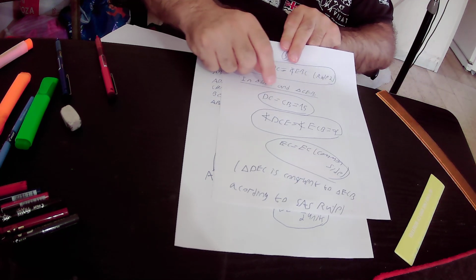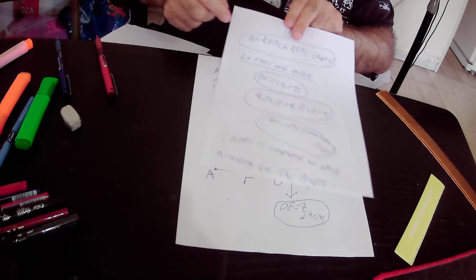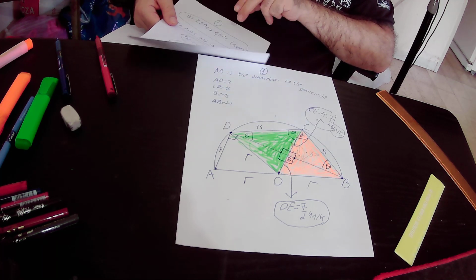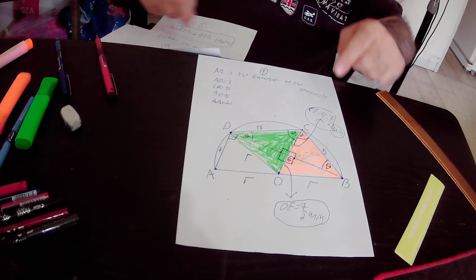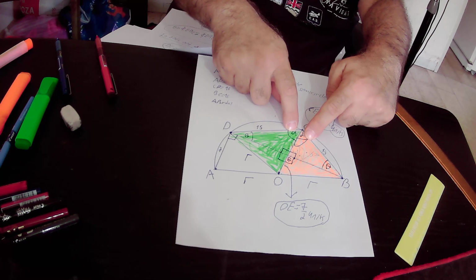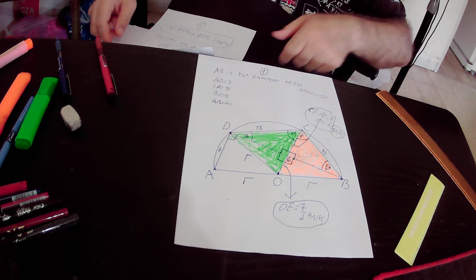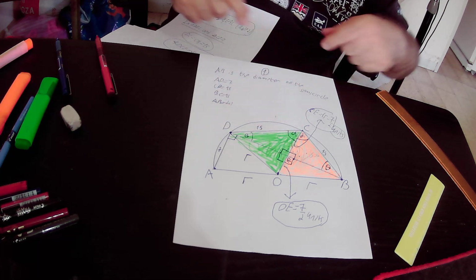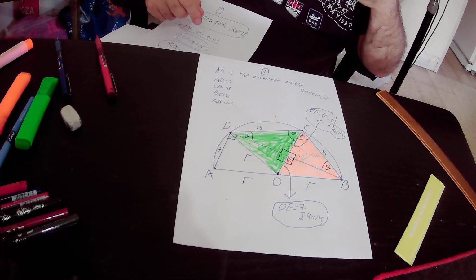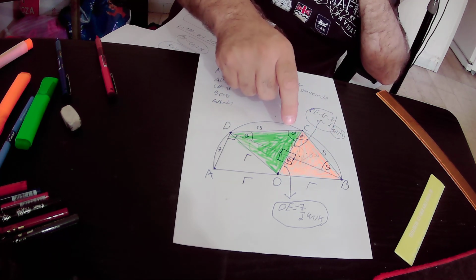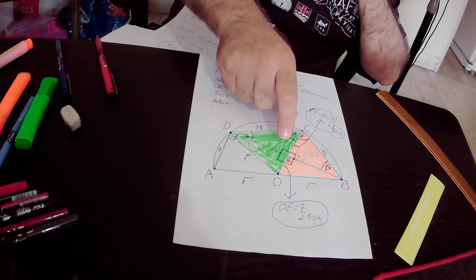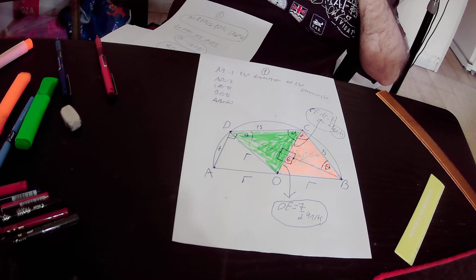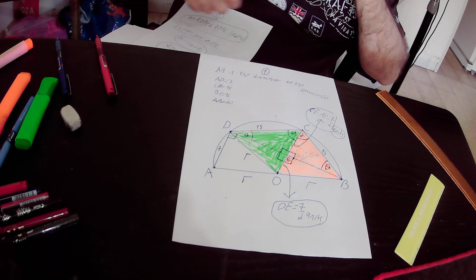Okay, DC equals CB equals 15 units, and also angle DCE equals angle ECB equals alpha. Those two angles are also equal to each other. And we have side EC, that is a common side of those two triangles. It belongs to both those two triangles, so EC equals EC is a common side.